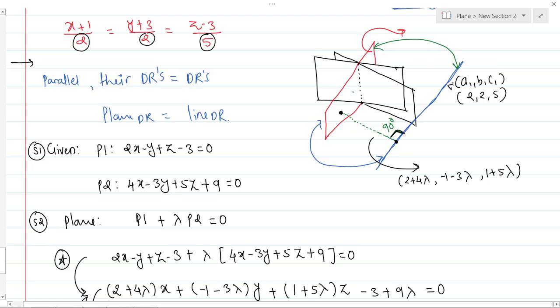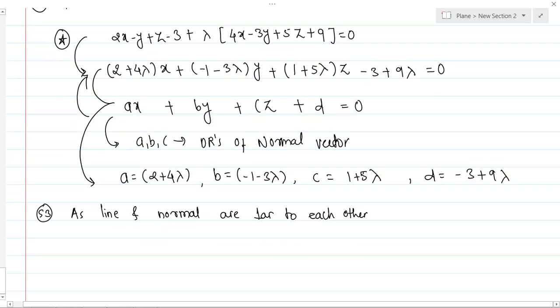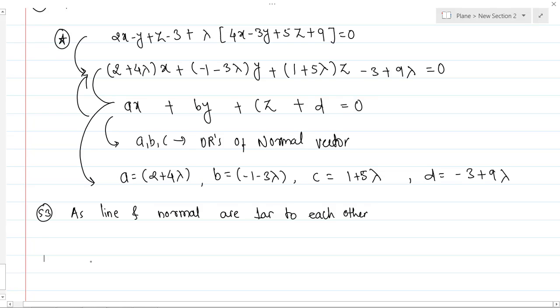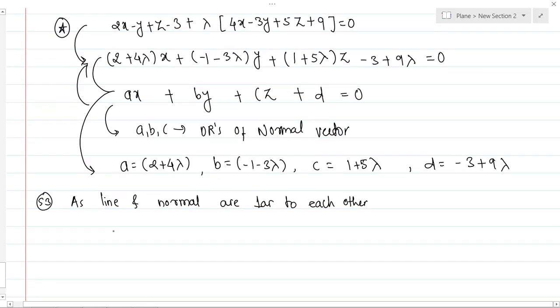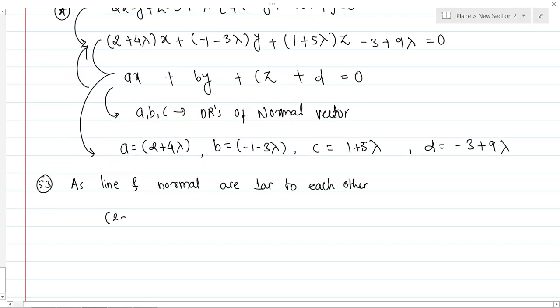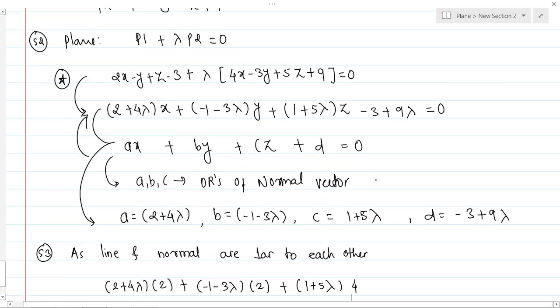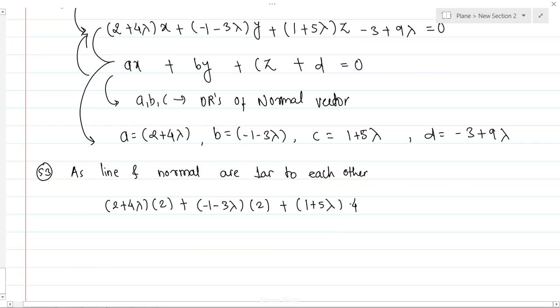So a1, b1, c1 are the direction ratios of this normal, so it is 2, -1, -3 lambda, 1 plus 5 lambda, into 2, -1, 5. It is equal to 0. I hope you remember this relationship: a1 a2 plus b1 b2 plus c1 c2 equals 0.